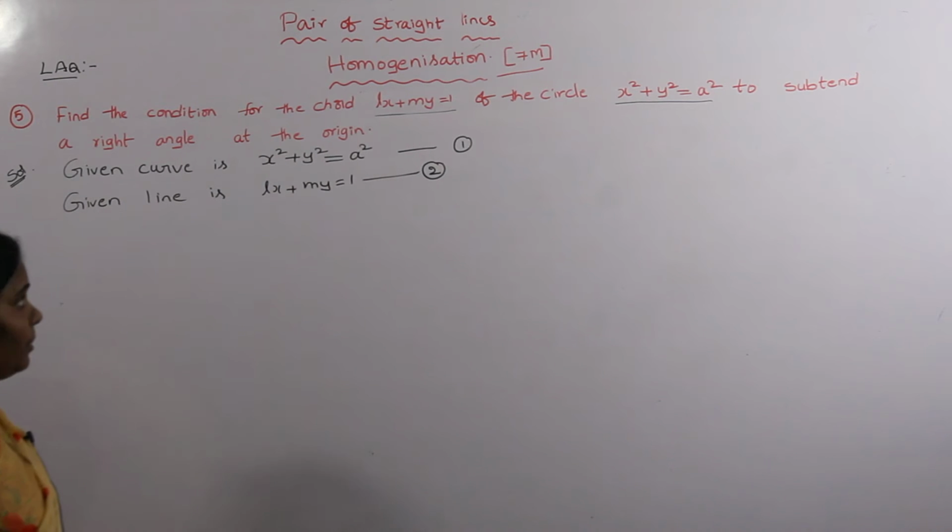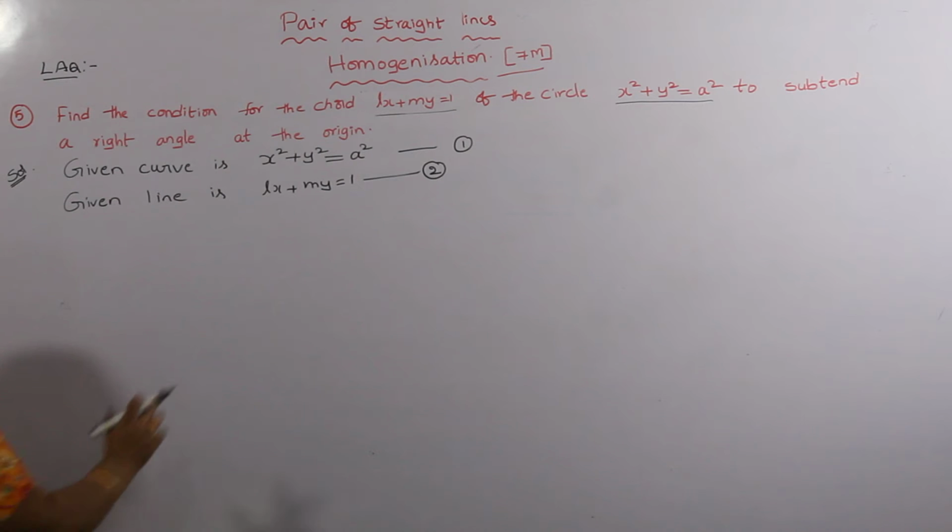Here also the same procedure: homogenizing equation 1 with respect to equation 2. Here we have unequal powers.